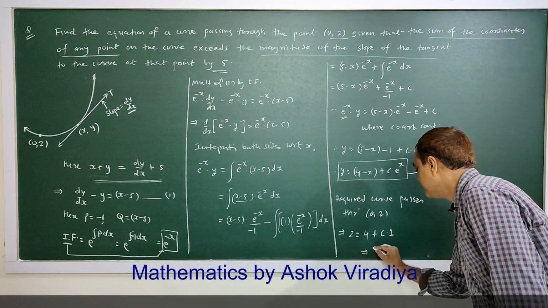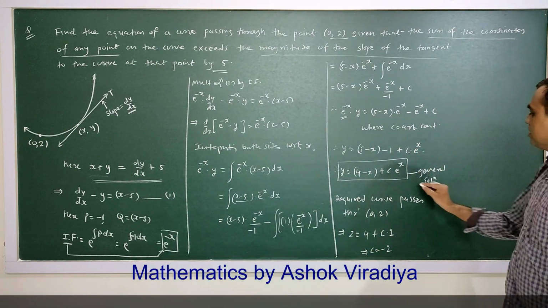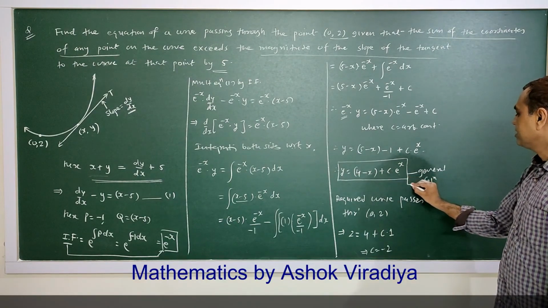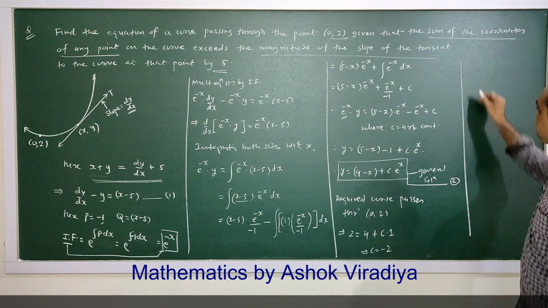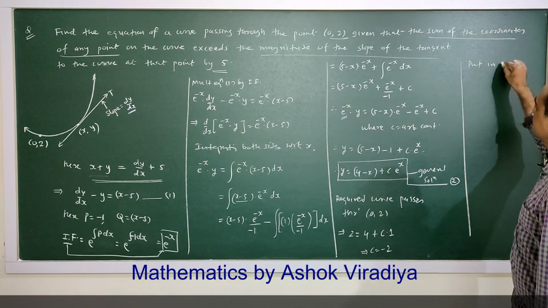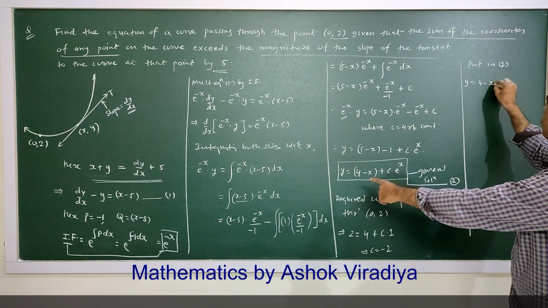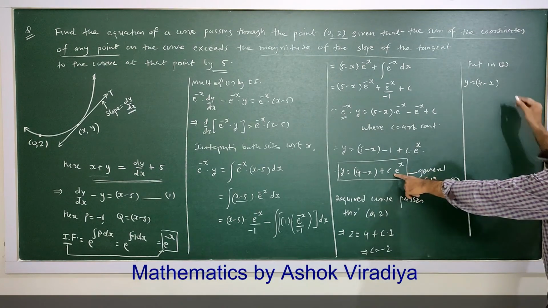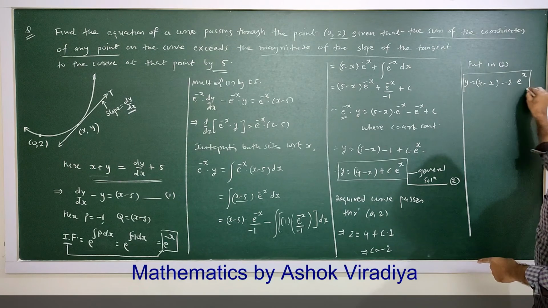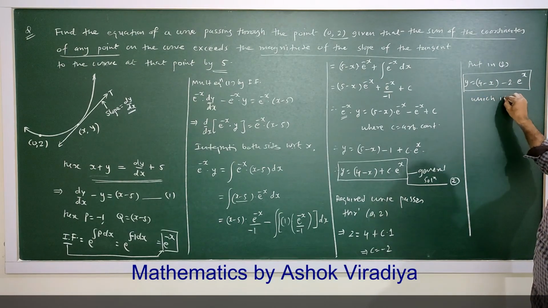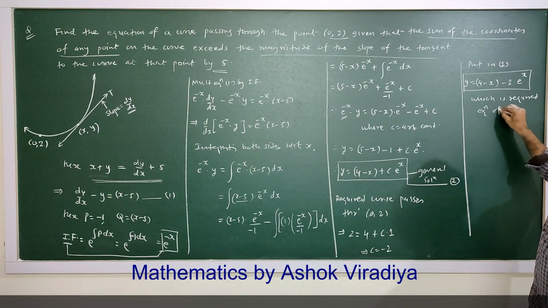So value of c is minus 2. So this value we are putting in equation number 2. So putting into it, y is equal to 4 minus x minus 2 into e raised to x. So which is the required equation of curve.